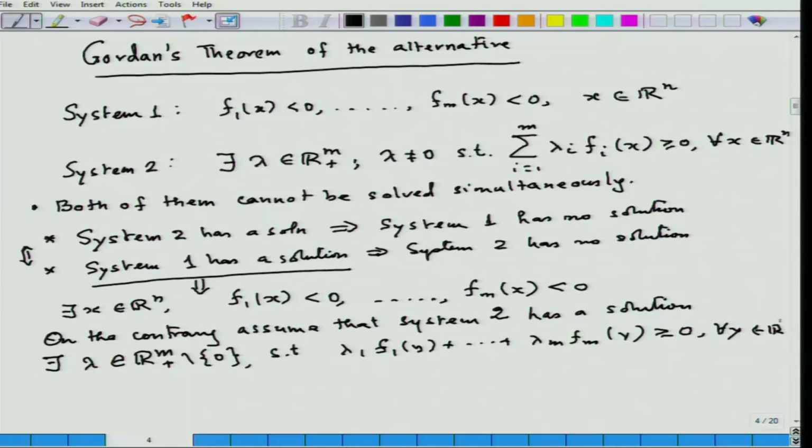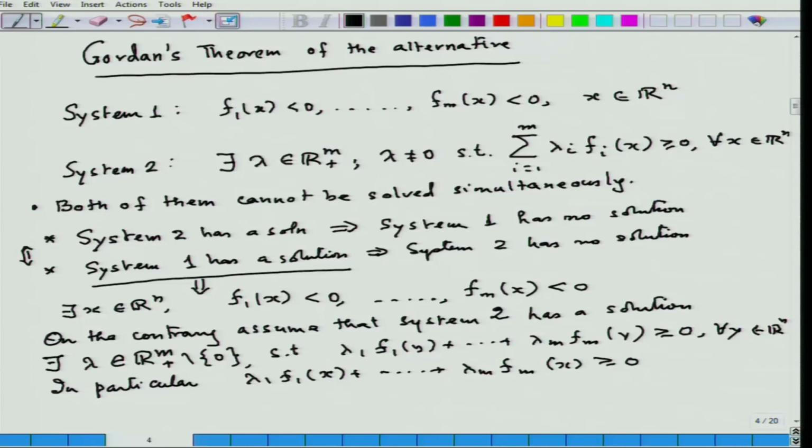Hence, in particular for the given x, lambda 1 f 1 x plus lambda m f m x is greater than or equal to 0, where x is a solution of system 1.